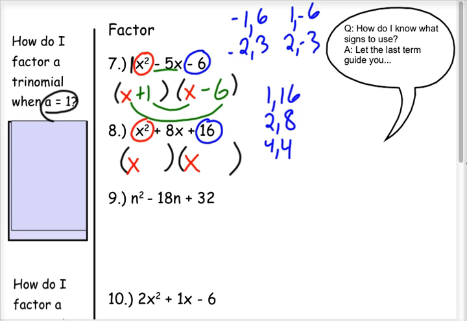All right. And this is one of the simple cases where that a value is 1. The x squared is completely by itself. So that means we really are looking for two numbers that multiply to 16, which I've already listed out, and then add to that 8. So which two add to 8 here? Well, plus 4 and plus 4.